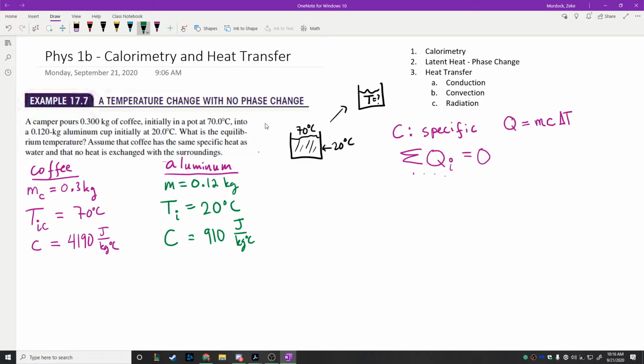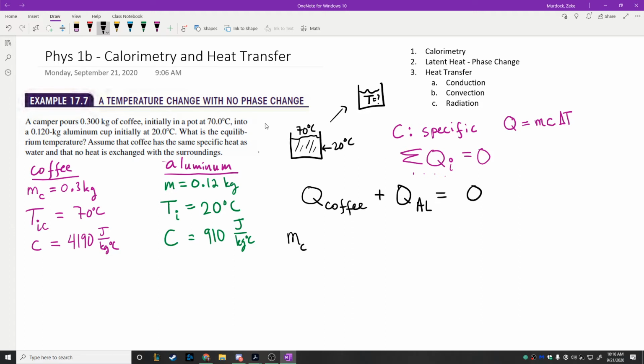All right, so let's work this out. From this equation, if I take the energy transfer for the coffee and add to that the energy transfer for the aluminum, they should add to 0. For the coffee, we're going to write this, I always call this the MCAT equation because it looks like MCAT, kind of.